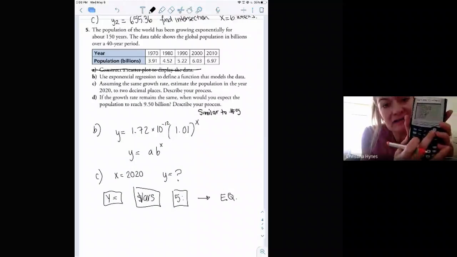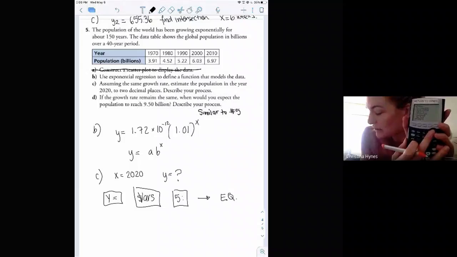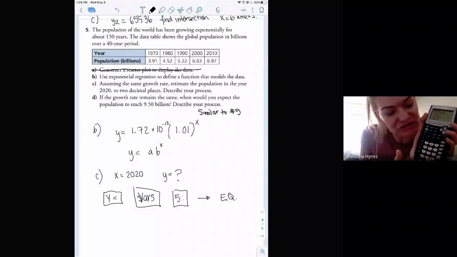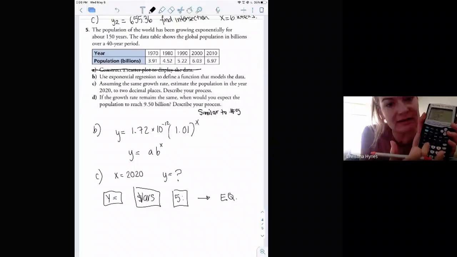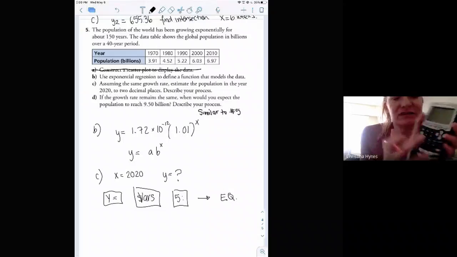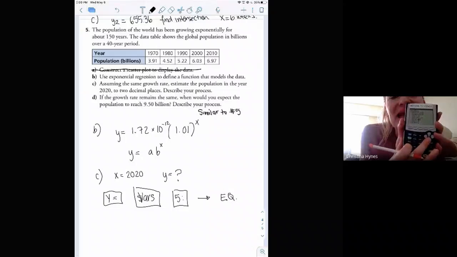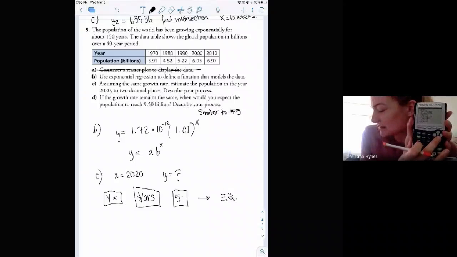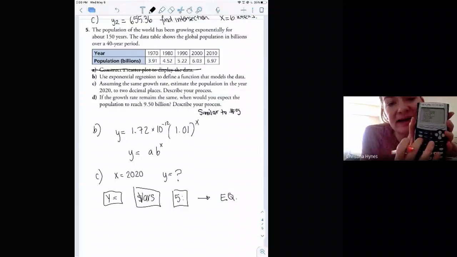Now the Y's, my lowest value for population was 3.91 in the chart. This is given in the chart, so use the numbers that they have, 3.91. It's hard writing backwards. And for my Y max, I don't want to stop at the highest value, which was 6.97. I want to go above it so I don't cut it off.